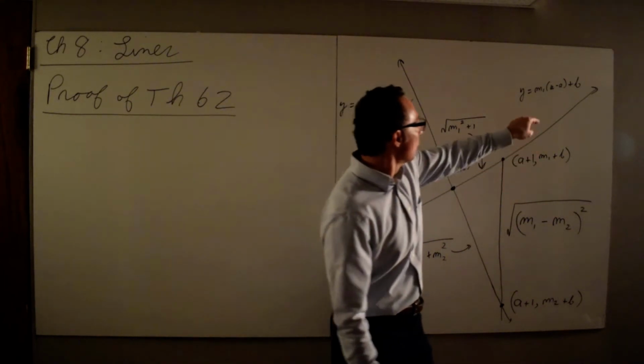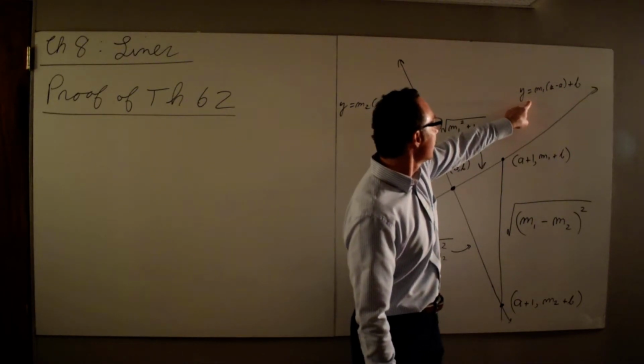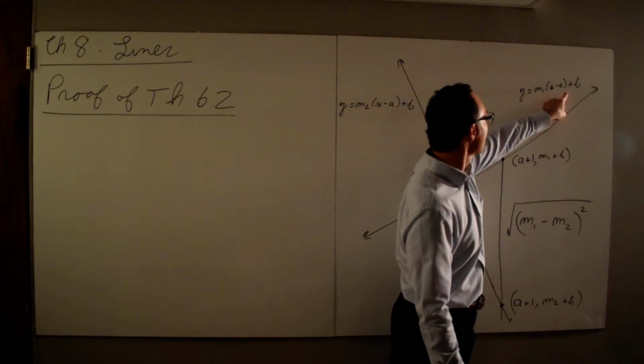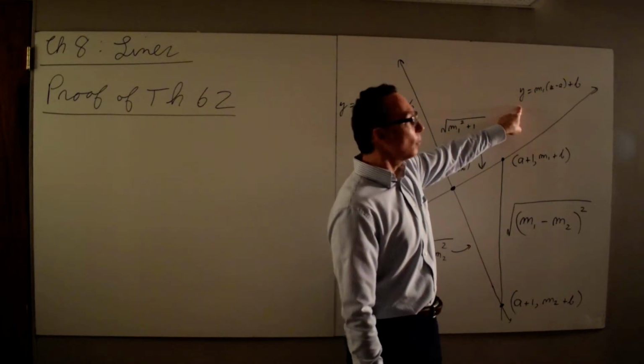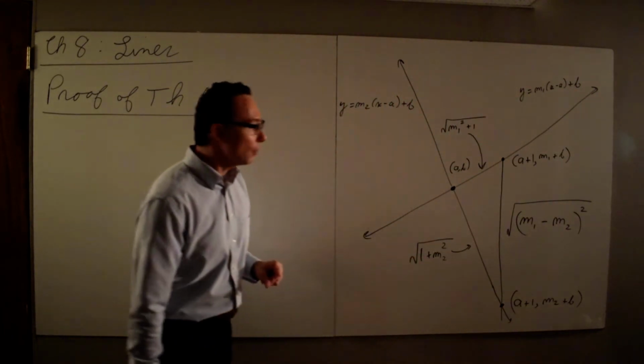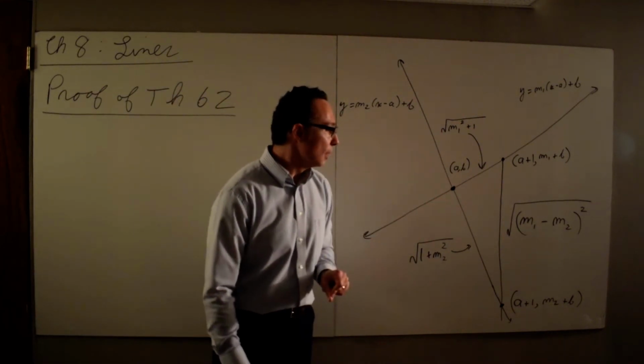Likewise, the point-slope form of this line would be y minus b is equal to m1 times (x minus a). So add b to both sides, and we have y is equal to m1 times (x minus a) plus b.